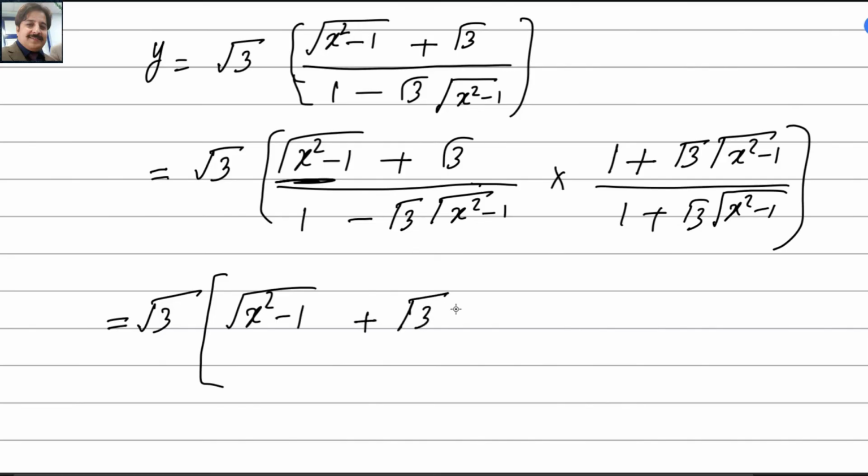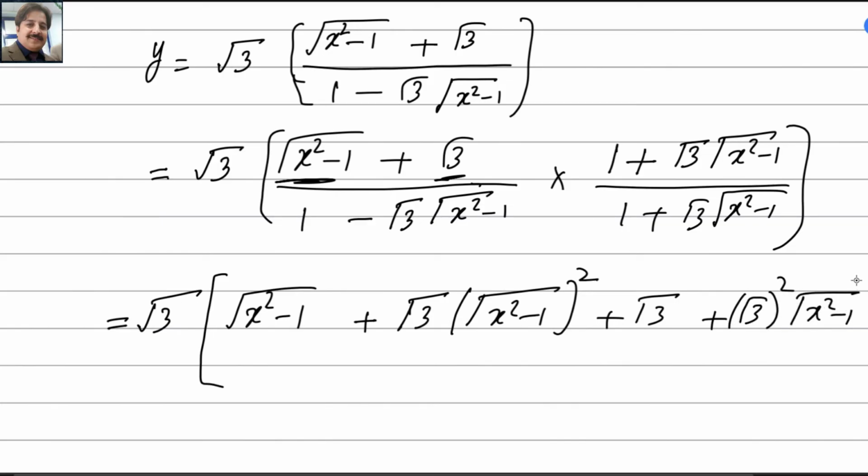So you can write square root of 3, then x square minus 1, because both are the same, so you can take the square. Now this square root 3 will multiply by 1, we get square root 3, and this square root 3 will multiply by this value. Because both values are the same, you can take the square root squared and keep x square minus 1 as is.